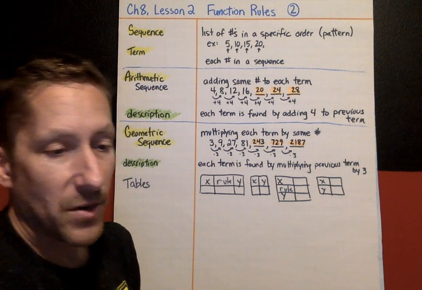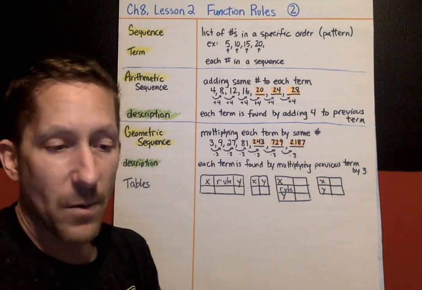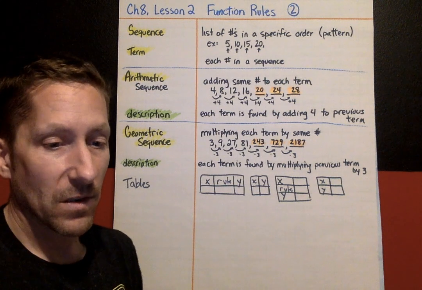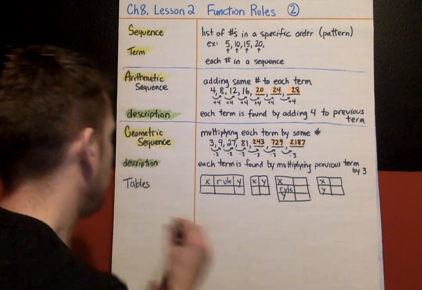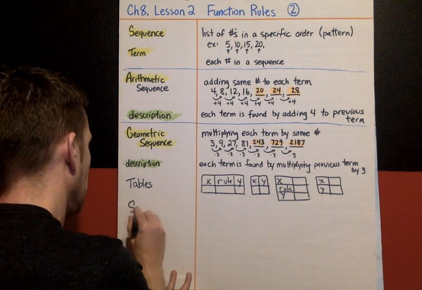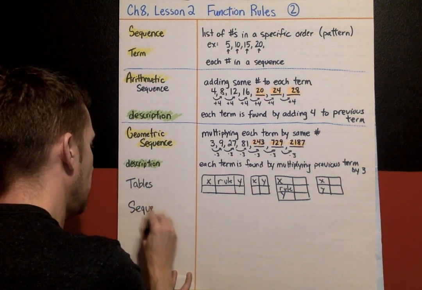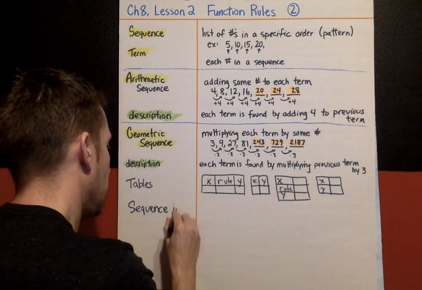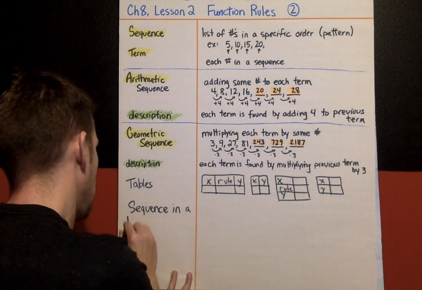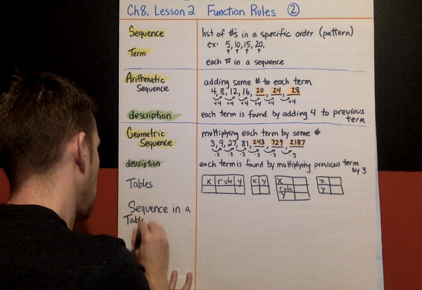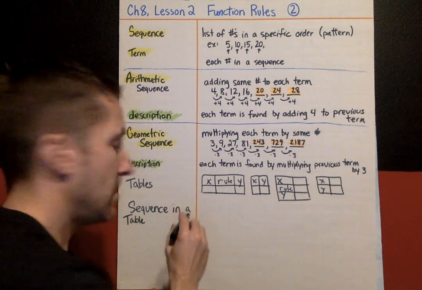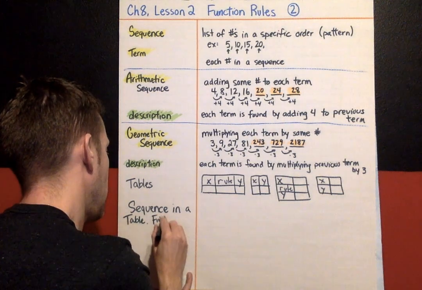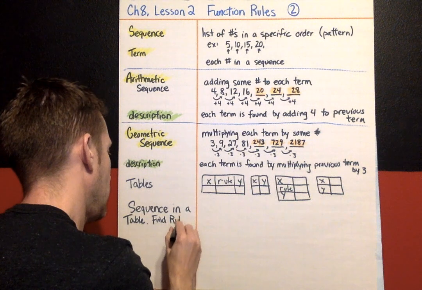Okay, next you're going to look at a sequence in a table and try to find the rule. So let's look at an example. So we're going to look at a sequence in a table, and we're going to find the rule.